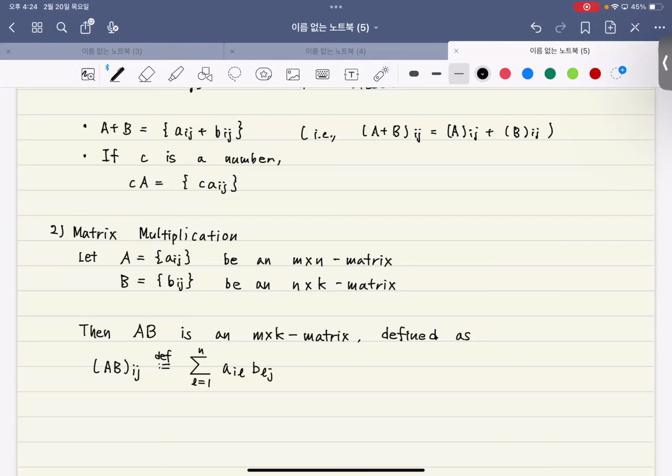Yeah, so this is the definition of the matrix multiplication. If you have never seen the matrix multiplication before, then this definition must look very scary and mysterious. So I will try to explain how.